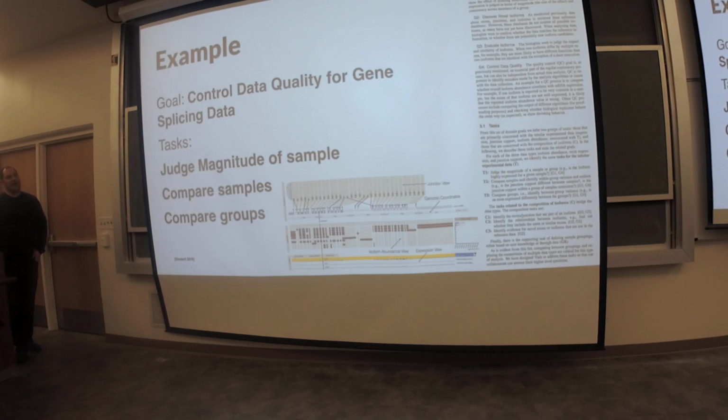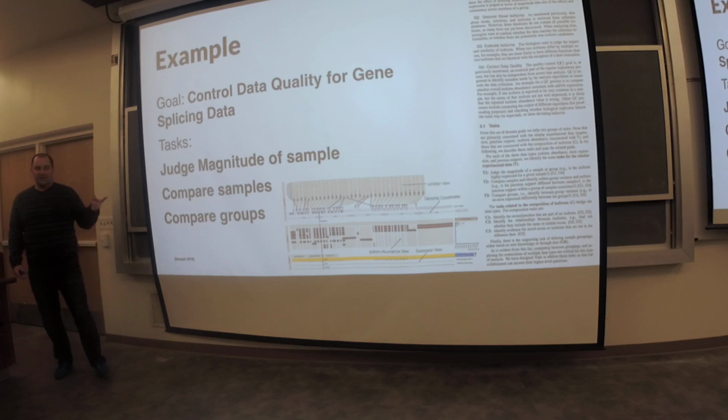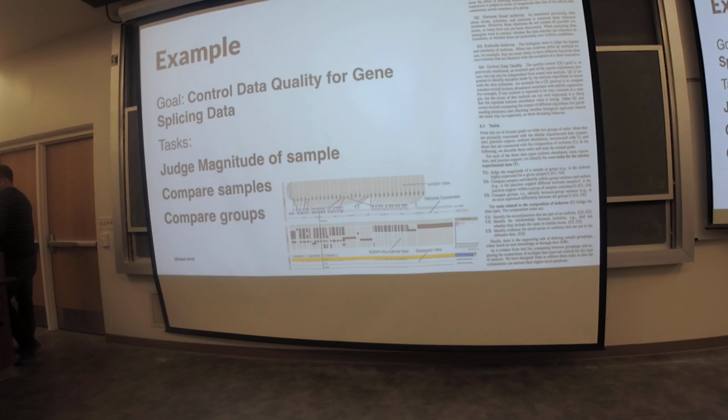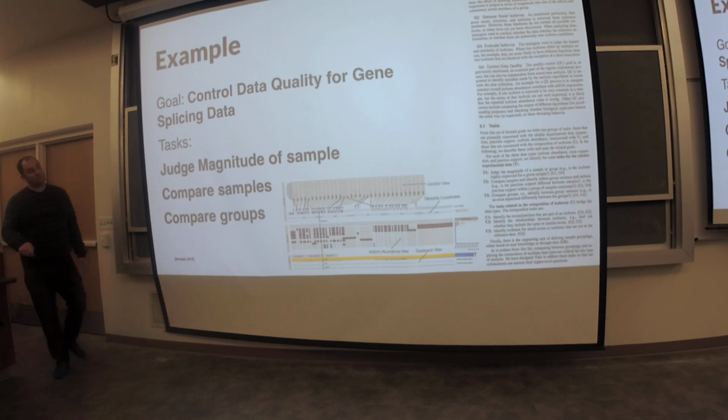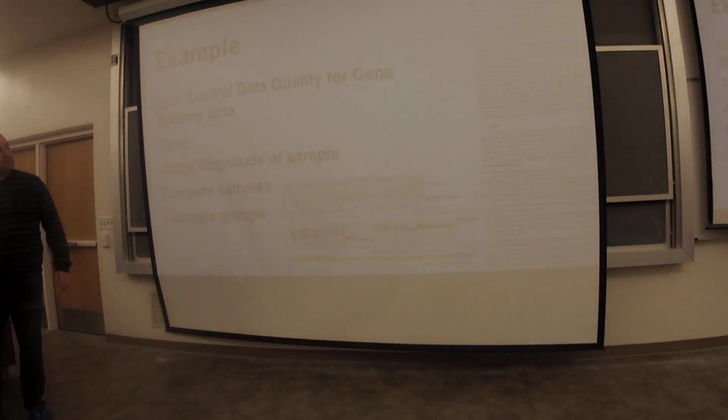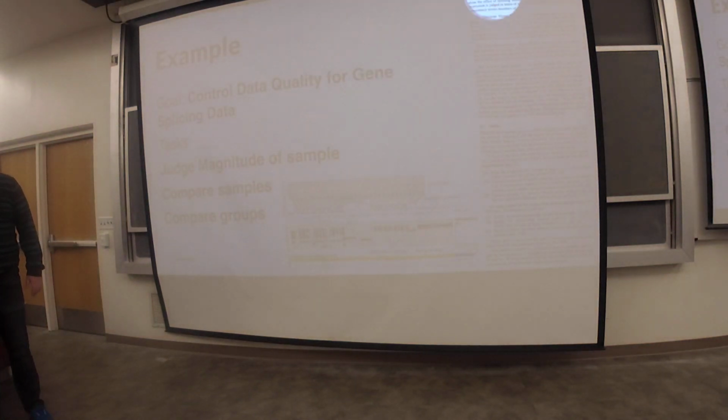So here's a real life example. This is from a project that I did with Novartis, and I don't want to go into too much detail, but the goal here was to control data quality for gene splicing data. This is one of four domain goals we wrote up: explore differences between samples and groups, discover novel isoforms, which is a very high level goal, evaluate isoforms, and control data quality.